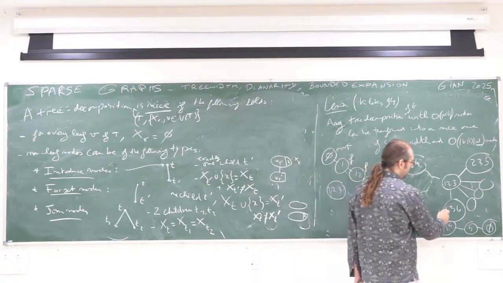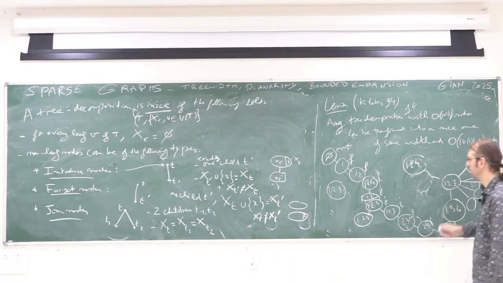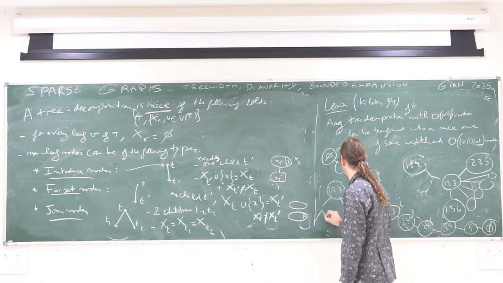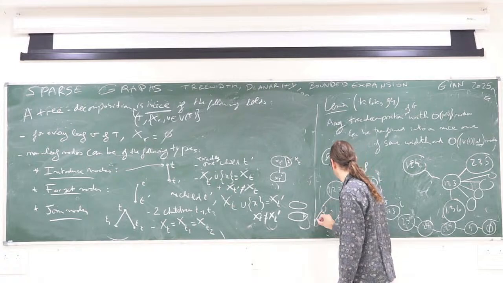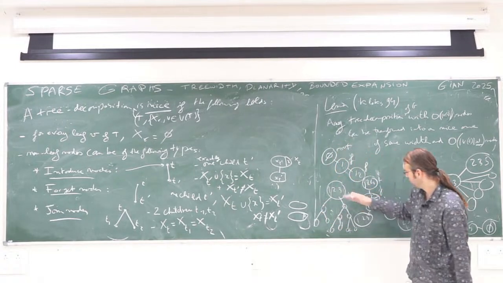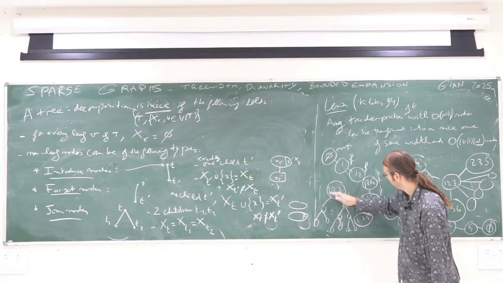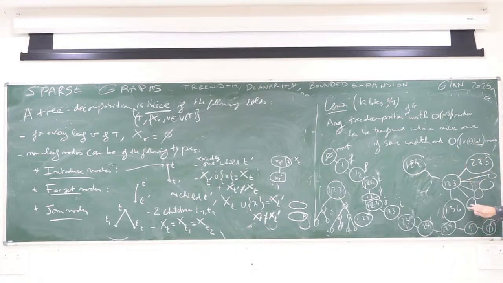I have to get a binary tree with that many children, number of nodes 1, 2, 3, 4, 5, 6. So I'll do this, for example. So all of these will be join nodes. They're all copies of 1, 2, 3. I'm just making sure that there are enough children branches.